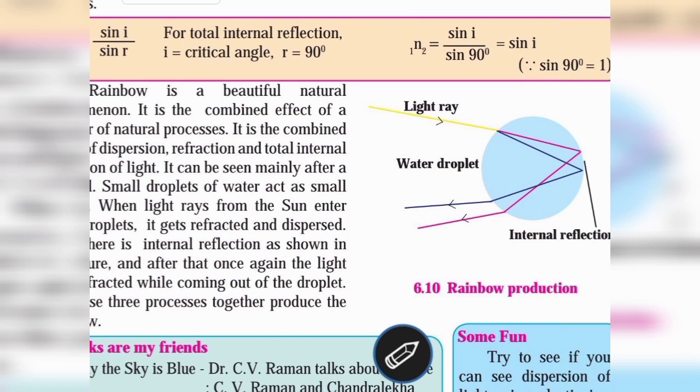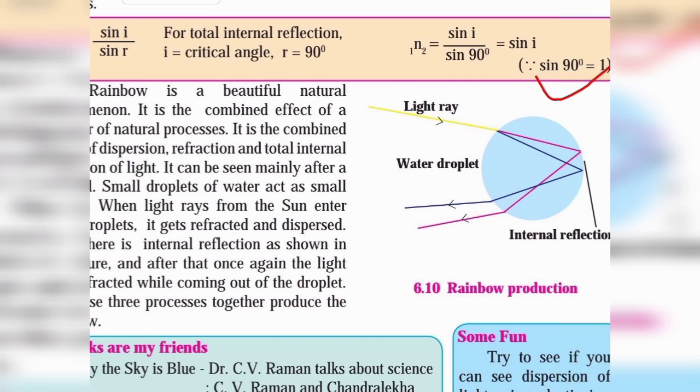How is there dispersion of light? We explain it. Here in the diagram, there are given light rays. The circle shows a water droplet, and here is the internal reflection. That phenomenon we already discussed in this part, that is total internal reflection.